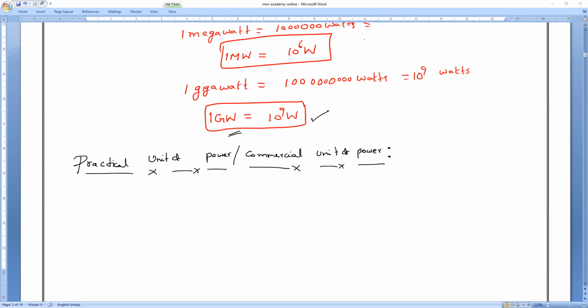Whoever is near you, either your father or mother or grandfather, just ask them what the capacity of the motor is. What is the power of your motor? Any one of you ask and let me know what they say.